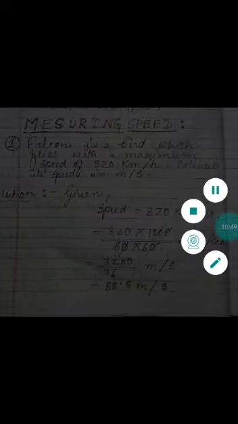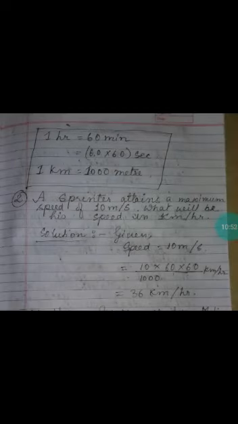Understood? Okay. Our next problem: a sprinter attains a maximum speed of 10 meter per second. What will be his speed in kilometer per hour? Okay. We need to convert meter per second into kilometer per hour, right? So speed here is 10 meter per second.